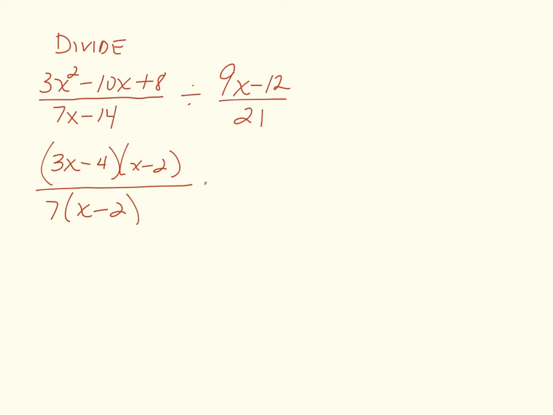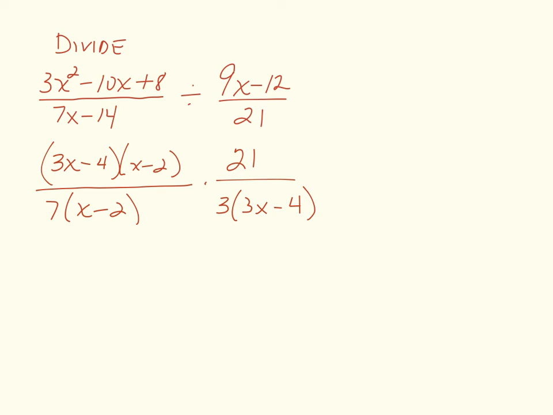Now we're going to multiply. Because this is a division problem, we're going to change it to multiplication. 21 moves to the numerator. And the 9x minus 12, we can factor out a 3. And then we have 3x minus 4.